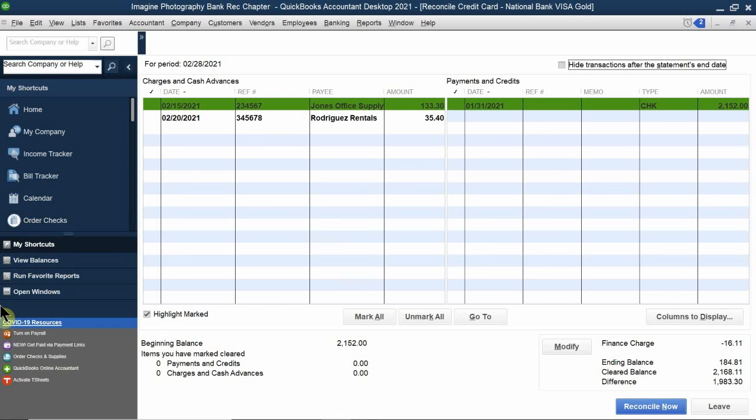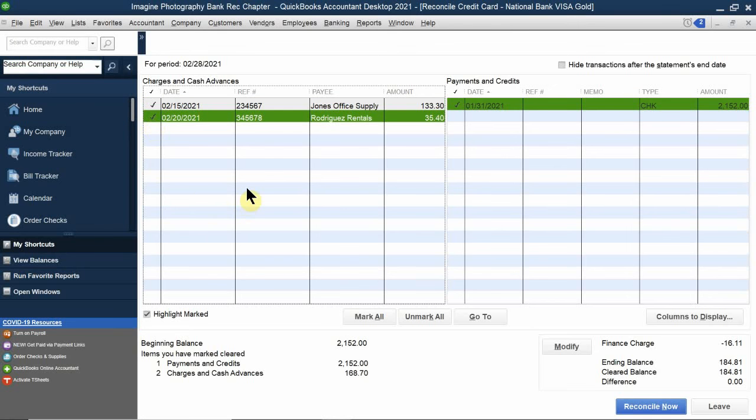I made a payment for the 2152, and I charged my card for 133 and the $35.40. So here my discrepancy became 0, and that's exactly what I want to look for. These are things that cleared on my actual credit card statement. And I go ahead and click save and close.